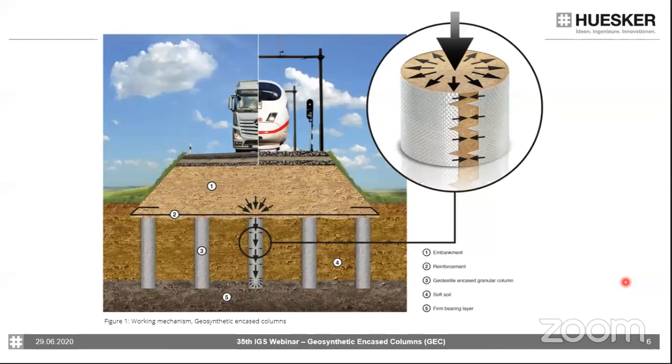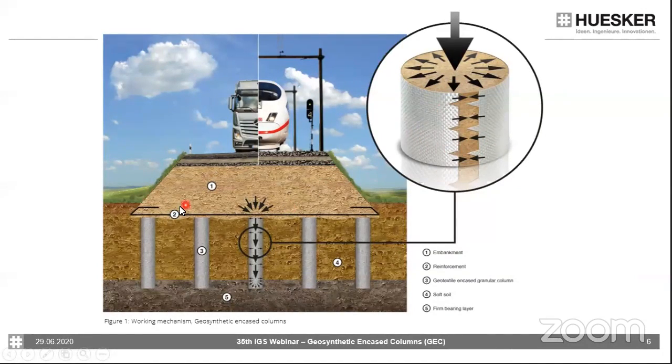very soft subsoil. What you can see on this slide is the system components. The system comprises granular columns. This can be a sand column, a stone column, or even a crushed stone column, encased with a reinforcement sleeve.